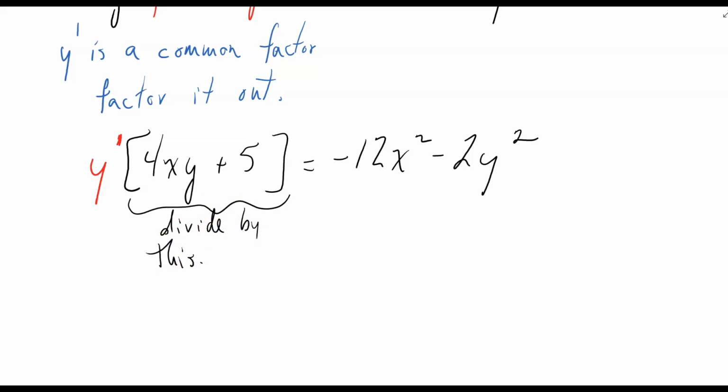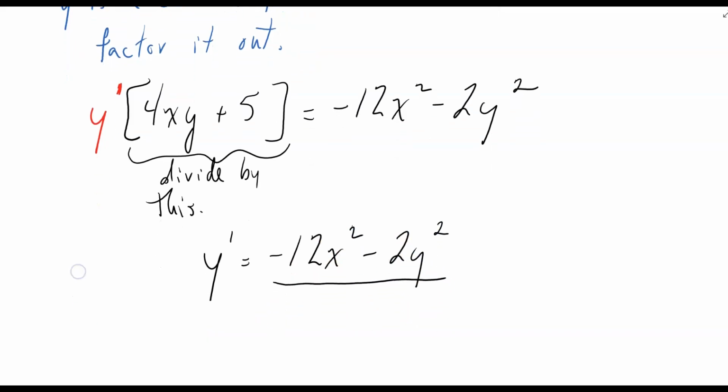Okay, y prime is equal to minus 12x squared minus 2y squared all over 4xy plus 5. All right. If you see an obvious common factor that you want to take out, that's fine, but there isn't one here, so we'll just leave it. And y prime is the derivative.